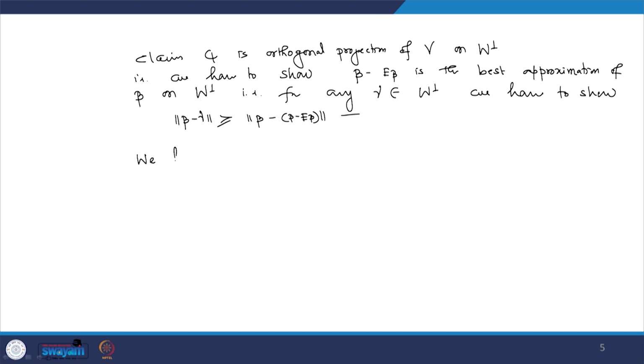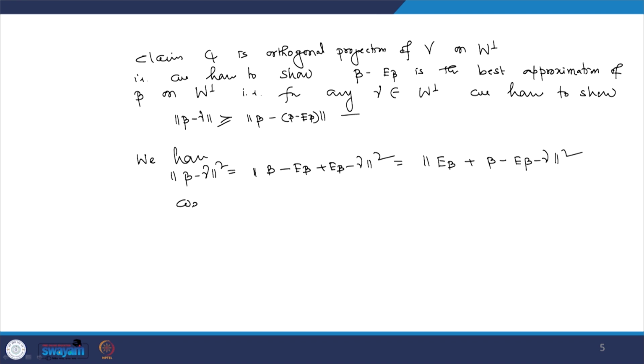We have norm of beta minus gamma whole square equal to, I can write, norm of beta minus E beta plus E beta minus gamma whole square. So this is equal to norm of E beta plus beta minus E beta minus gamma, this whole square.